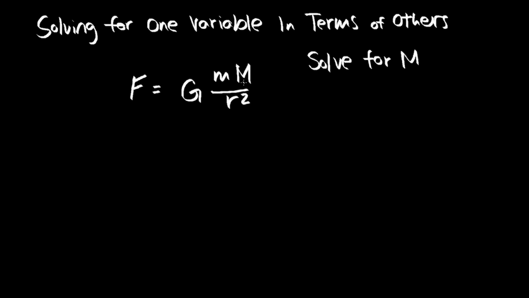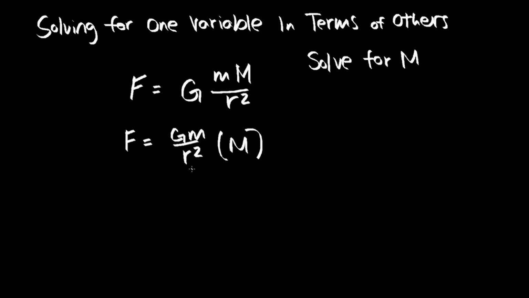We want M, this capital M, by itself on one side of the equation, and we want all these other terms on the other side. So let's just separate it from this equation, so hopefully this shows that it's its own variable and we want to solve for it.